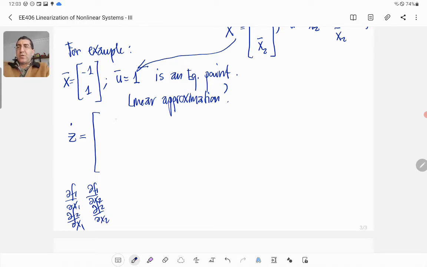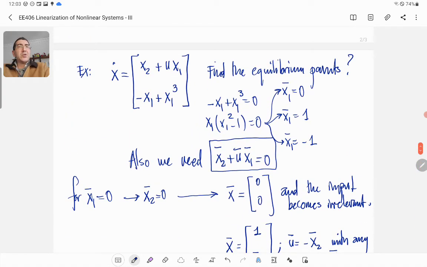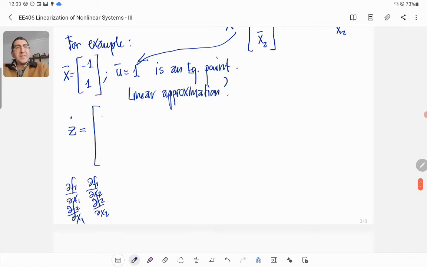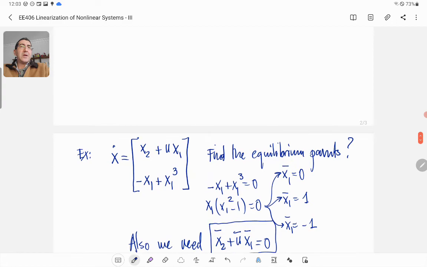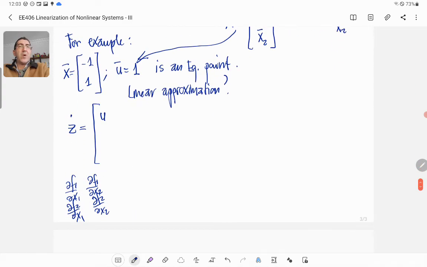Here, for example, if we consider our equations, this is our x1, so I take the derivative with respect to x1, this gives me u. Similarly, you take the same equation and take the derivative with respect to x2, so you get 1.